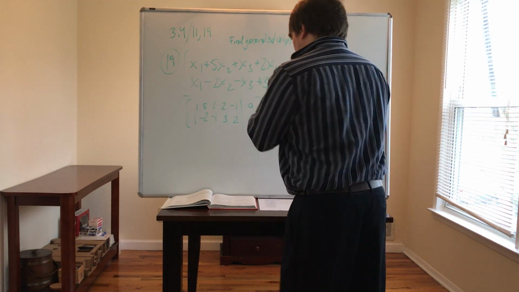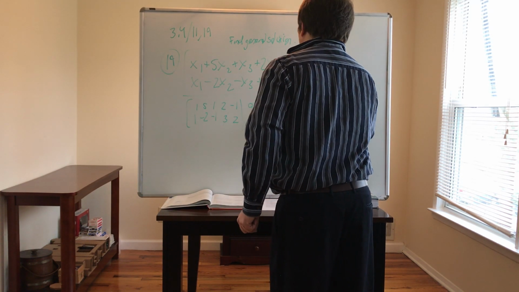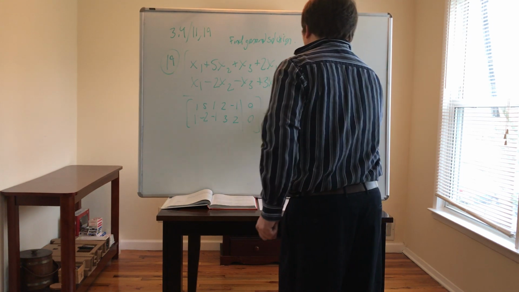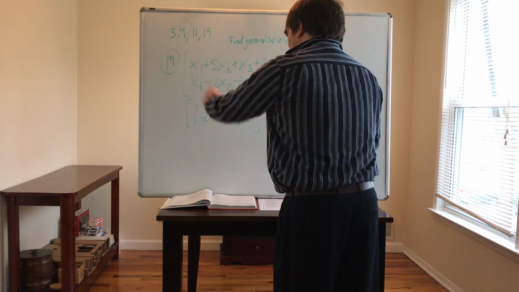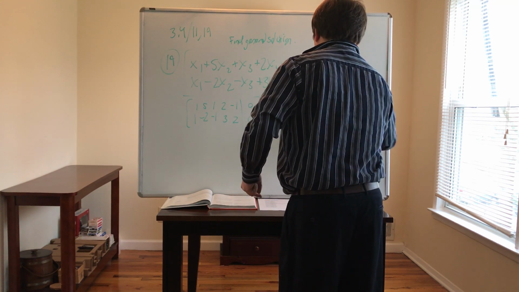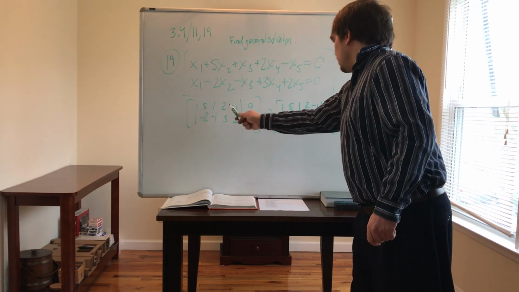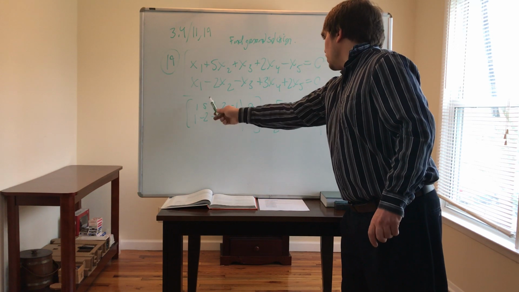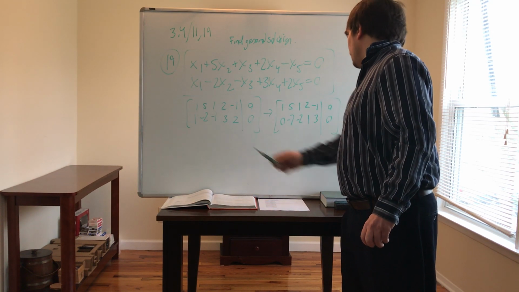And so to get this to reduced echelon form, I'm going to take -1 times the first row and add to the second row. Okay, so -1 times the first row, add to the second one, and so 0, -7, -2, 1, 3.